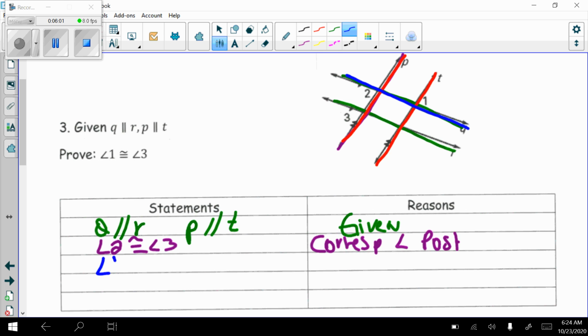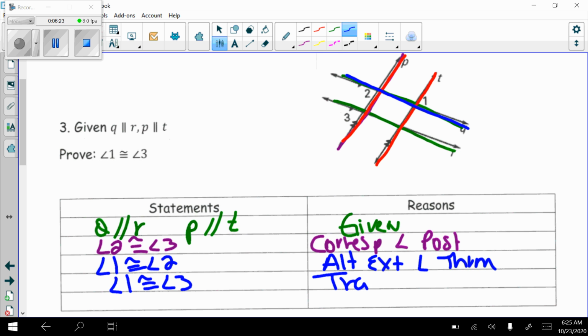So I could say angle 1 congruent to angle 2 by the alternate exterior angle theorem. And again, remember, we always keep in the back of our mind that chain rule, the transitive. So now I can make a chain, 1 to 2, 2 to 3. And so I can say angle 1 congruent to angle 3 by the transitive property of congruence. And I've proven what they asked me to prove.